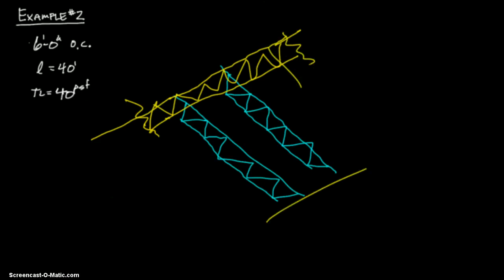These joists are at a certain spacing, and these joist girders are also at a certain spacing. You'll see how it works out. Once again, you just use the table, figure out what you need, and then you just throw it on there.